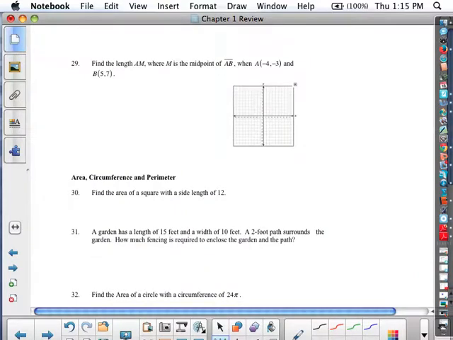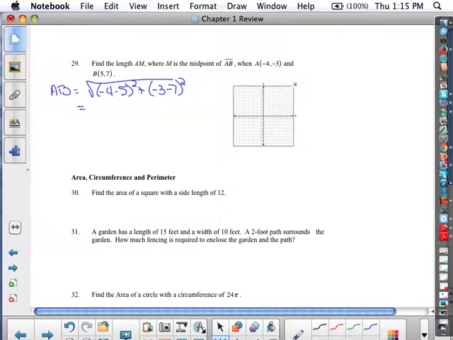Find the length AM, where M is the midpoint of AB, when A is at -4, 3, and B is at 5, 7. Two ways to do this. One, just find the length of AB and divide by 2. So that's going to be -4 minus 5 squared plus 3 minus 7 squared.